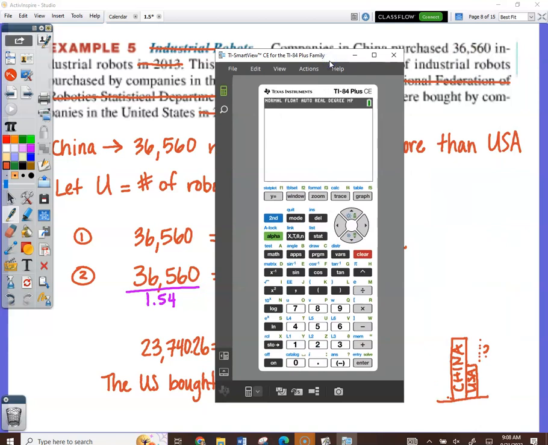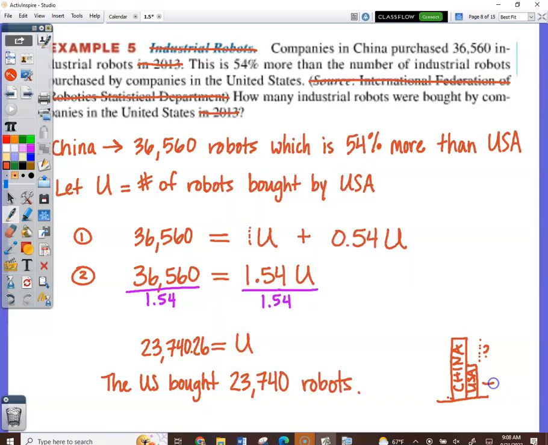All right, look at your bar chart. You have the China amount, right? In order for these to be equal, you need the full amount that the U.S. bought plus the 54% that they're saying it was more than, which is where the 1.54 came from. You can break it apart and say, well, I need what they bought, which is 1U, and I need to add to it the 0.54.